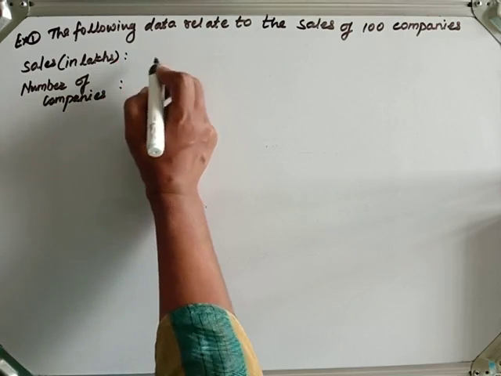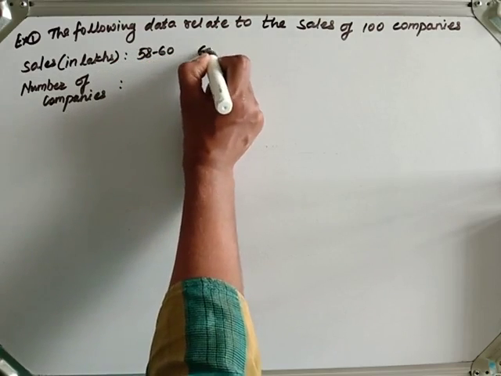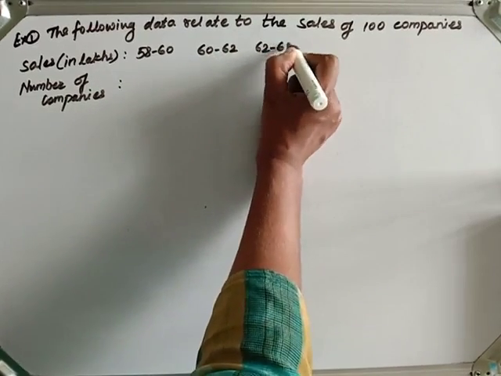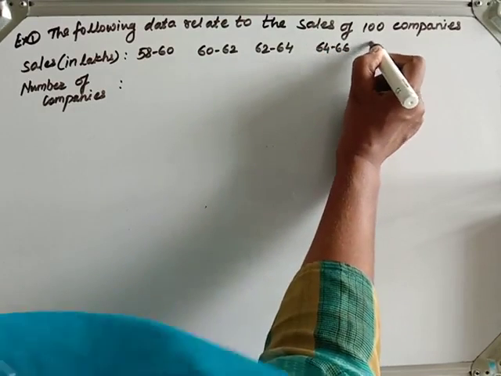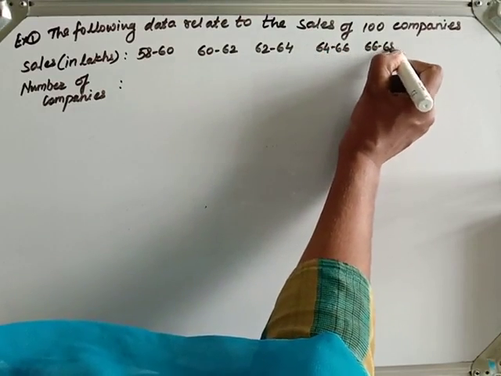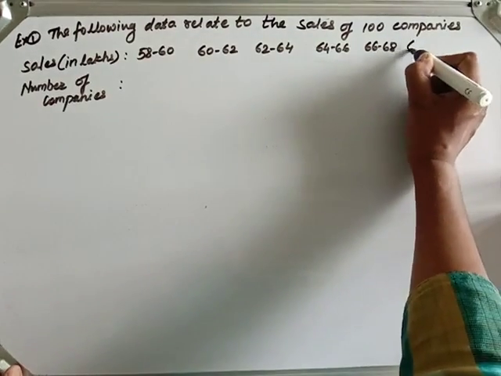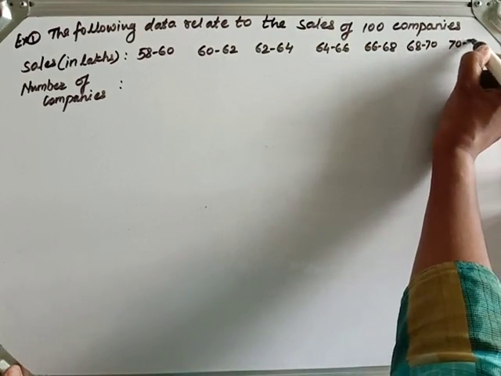So now the sales classes are 58 to 60, 60 to 62, 62 to 64, 64 to 66, 66 to 68, then 68 to 70 and 70 to 72.